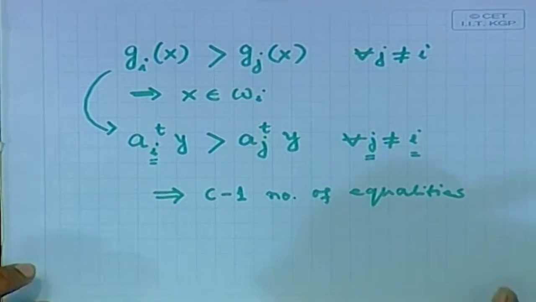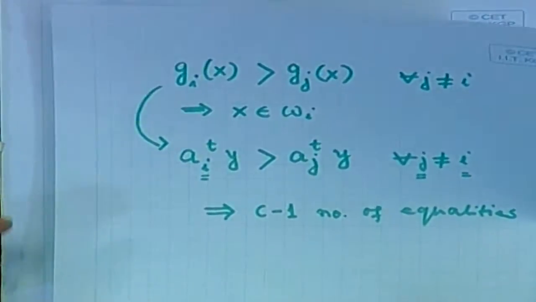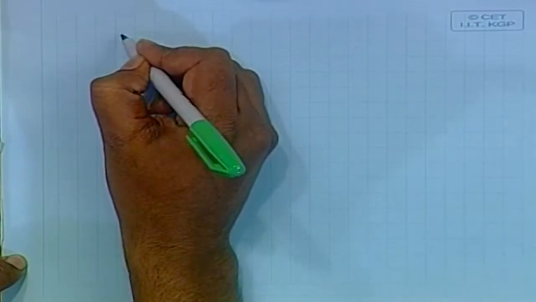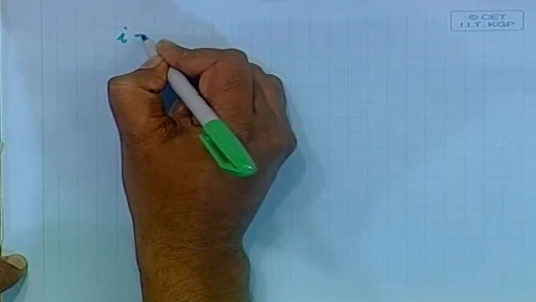Is it possible to have a unified approach to take care of these C minus 1 inequalities simultaneously and give me C weight vectors a_1, a_2, a_3, a_4 up to a_C? So, let us take a specific case where i is equal to 1.